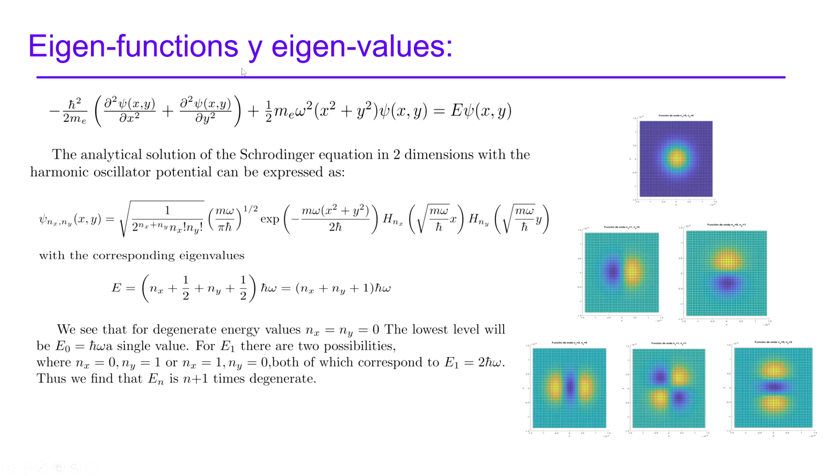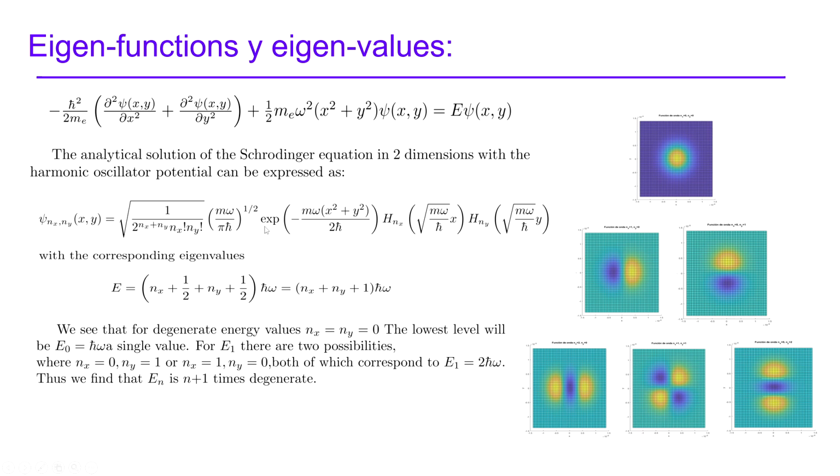So, eigenfunctions and eigenvalues. The eigenfunction corresponds to psi, and the eigenvalues are the energy of the actual state. The analytical solution of the Schrödinger equation in 2 dimensions with the harmonic oscillator potential can be expressed as this.